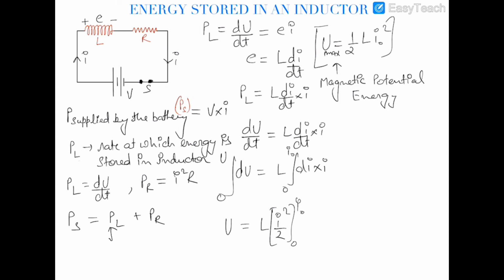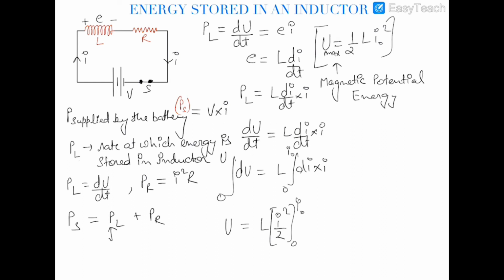Now where is this magnetic field? This magnetic field is being formed inside this inductor coil. We know that when the current flows through this inductor coil, some magnetic field will be formed in it. So this energy is being stored in that magnetic field which is formed inside this inductor coil. So the first thing, which is very important, is that this energy is magnetic potential energy and it is stored inside the magnetic field of this inductor coil.